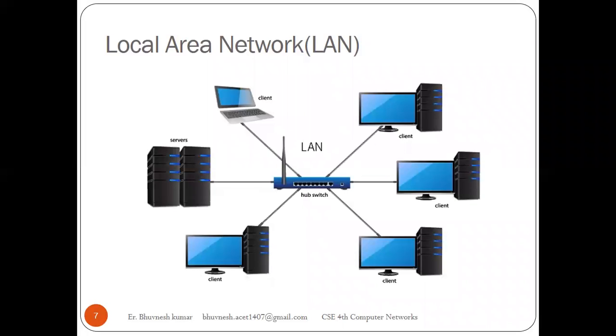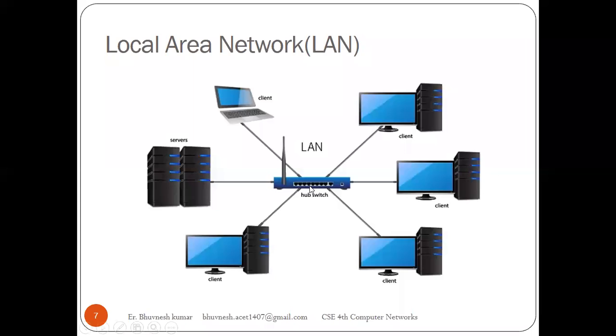This is also an example of your local area network. Here a hardware is used. This hardware is your hub, or we can also say it is your switch. With this hub we can connect different devices. There are ethernet ports, in which we connect an RJ45 connector or your ethernet cable.